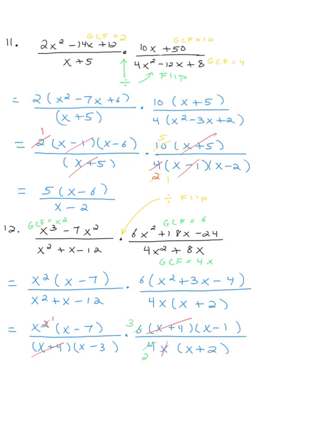All right, there's going to be a lot of stuff left over, but in the numerator we have 3, x minus 7, and x minus 1. In the denominator, we have 2, x minus 3, and x plus 2. None of those things cancel. That's simplified as far as we can go.